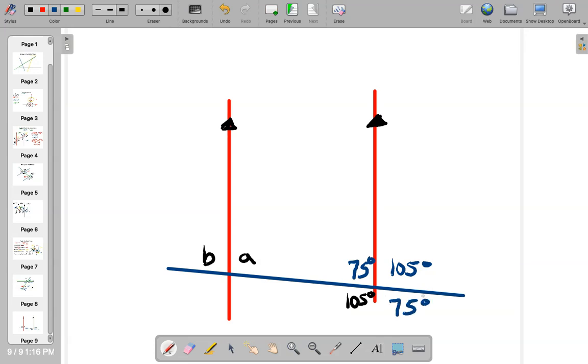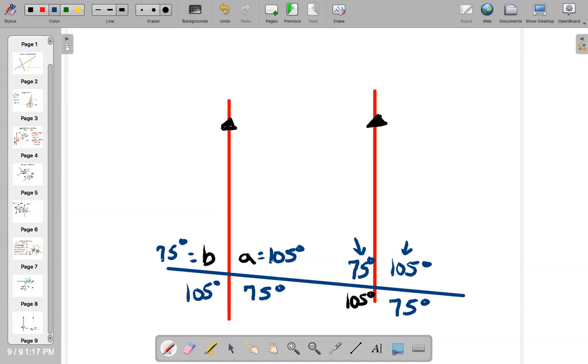So I can use that information to go to the left side. This angle right here is corresponding with A, which makes it 105. And this angle here is corresponding with B, making it 75 degrees. And from there, we can solve for the other 2 pieces.